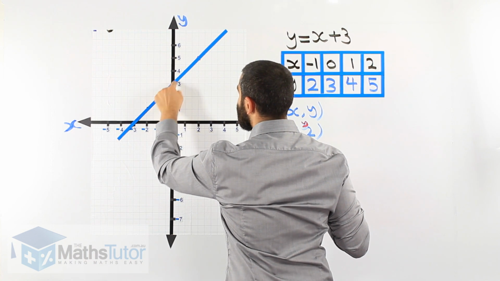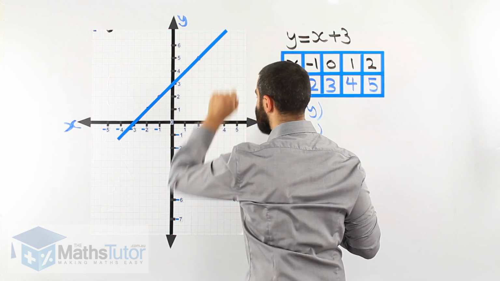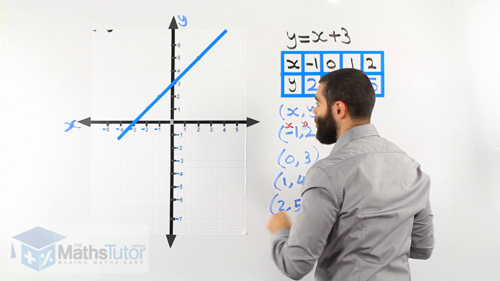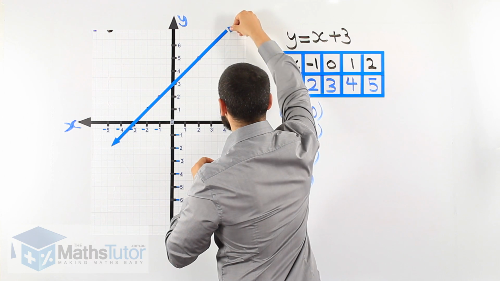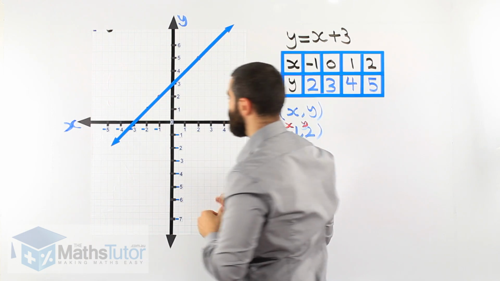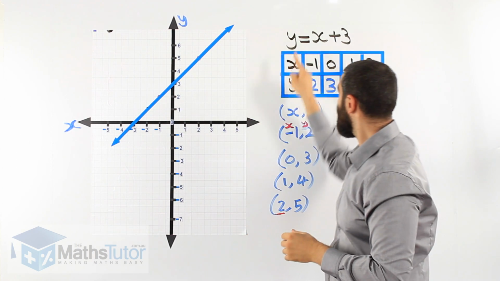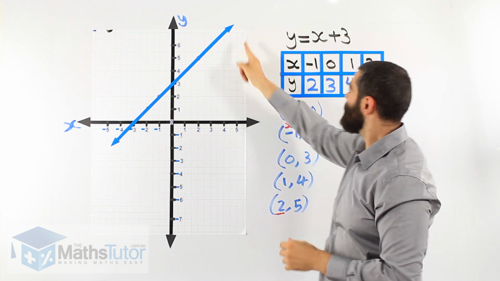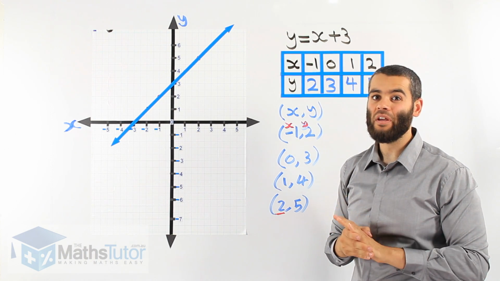One there, one there, one there, and one there. All 4 points. There's our straight line. And we don't forget, we must show arrows. The arrow is telling us that our line continues on. This is the line y equals x plus 3.